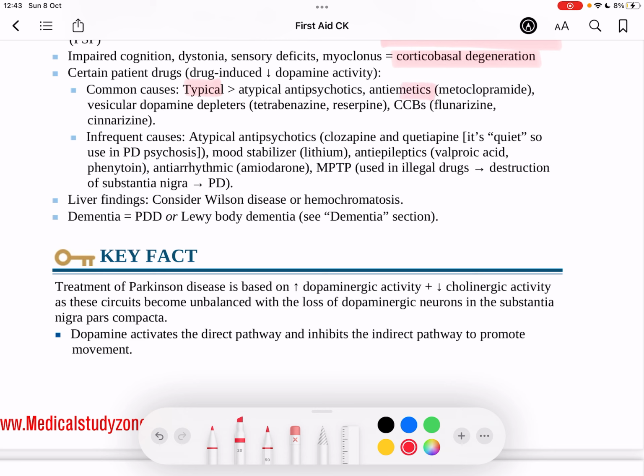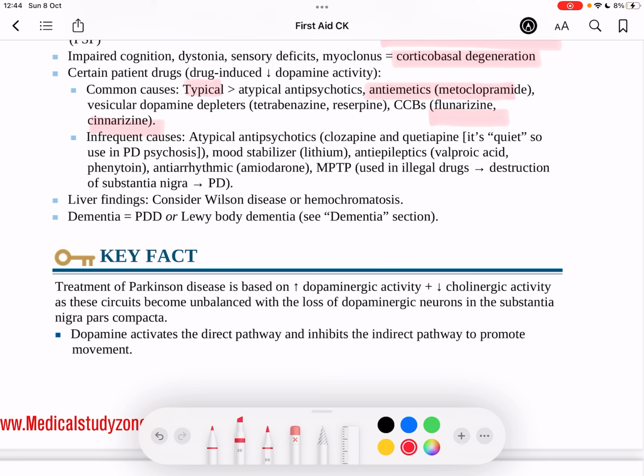Also look out for antiemetics, the dopamine antagonist antiemetics such as metoclopramide, and then also vesicular dopamine depleters such as tetrabenazine, reserpine. And some CCBs can also cause it as well. These CCBs are not very commonly used, but they are responsible for causing Parkinson's-like symptoms.